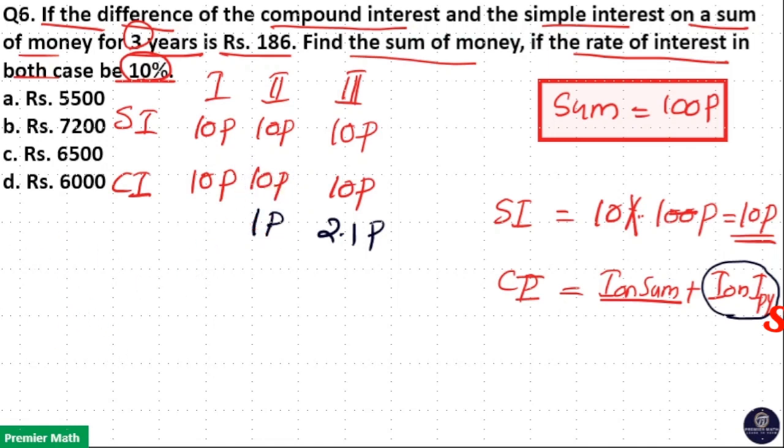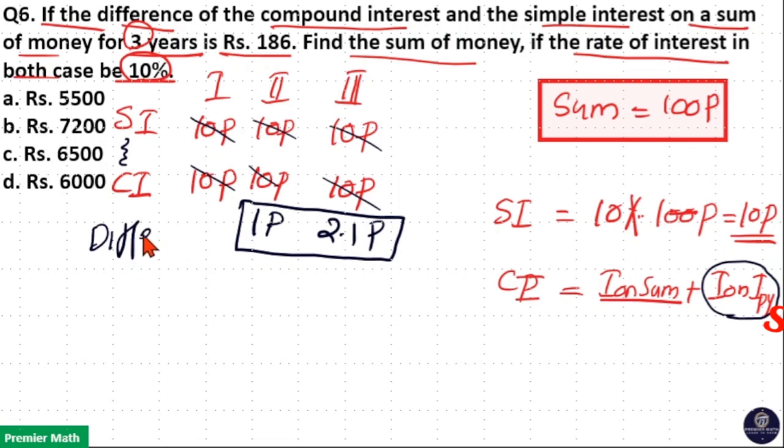Now you can see, if you take the difference between simple interest and compound interest, this 10 part, 10 part, 10 part and this 10 part, 10 part, 10 part cancel each other. That means remaining is 1 part plus 2.1 part. This is the difference. Here difference mentioned in the question is rupees 186. That is, difference between simple interest and compound interest is 186.